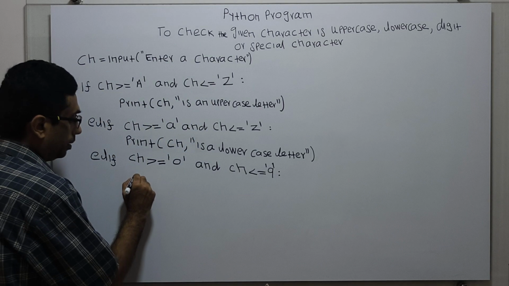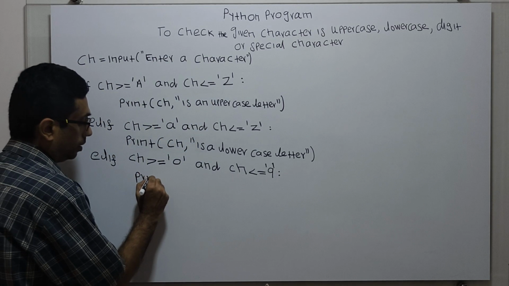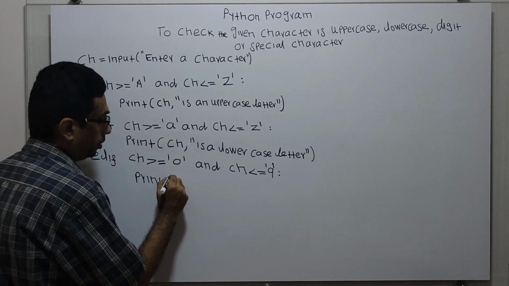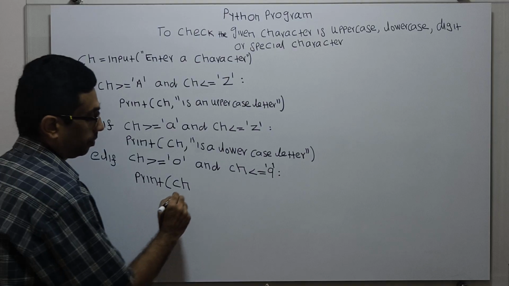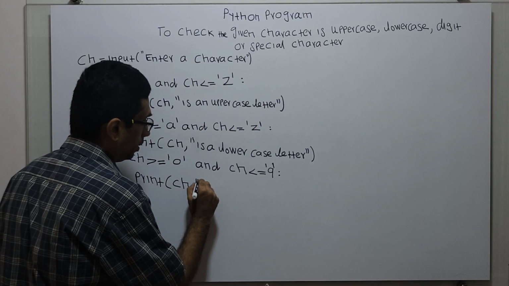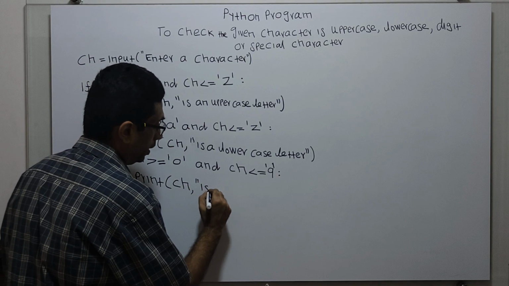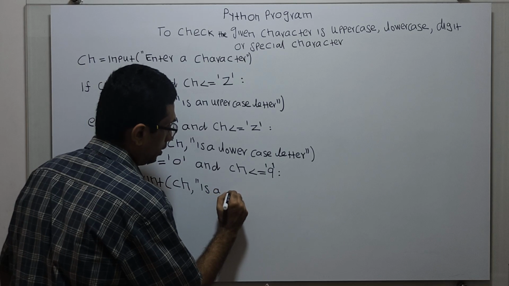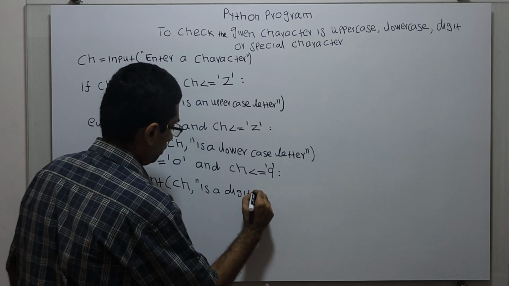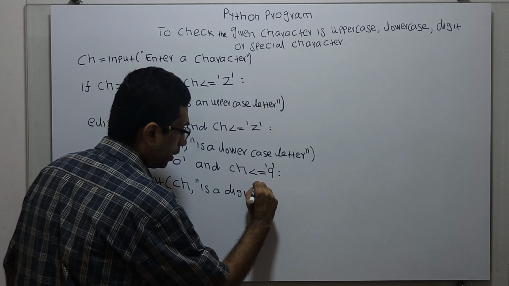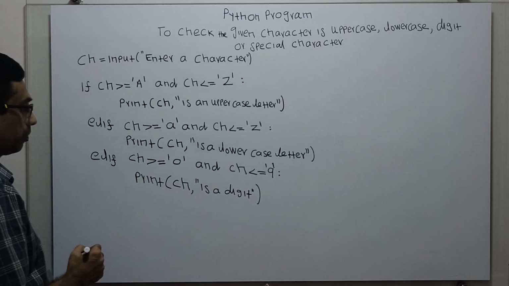I am printing the variable ch followed by the string "is a digit". Closing the double quotation, closing the print statement.